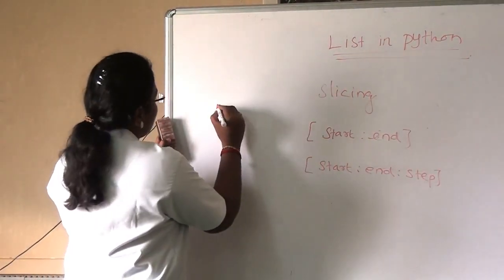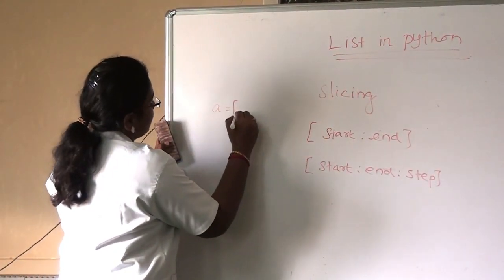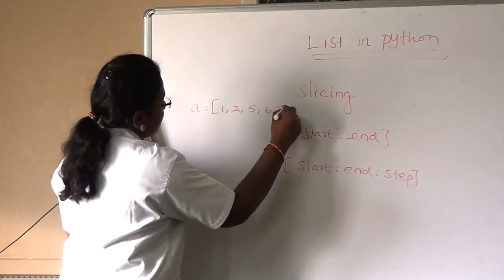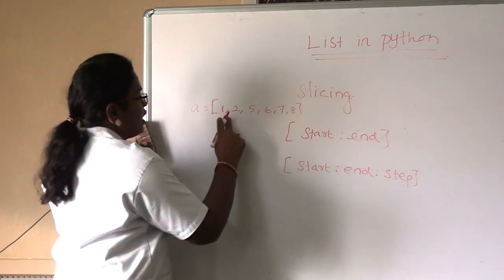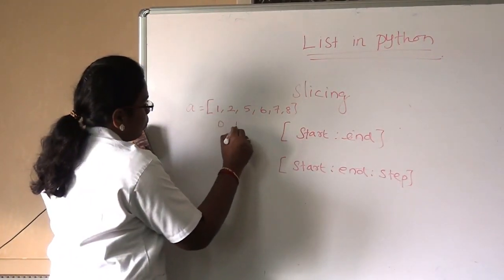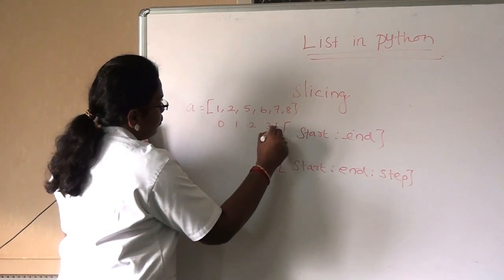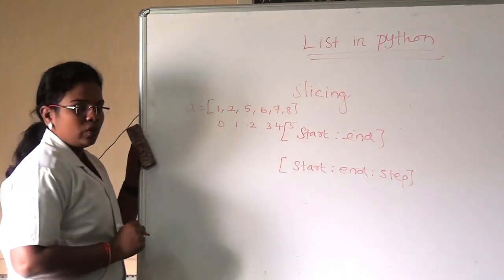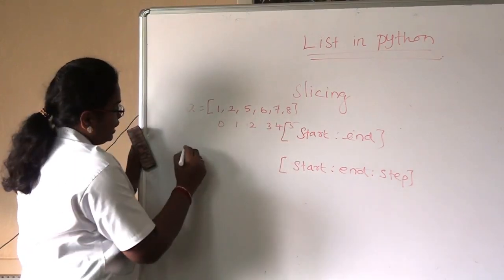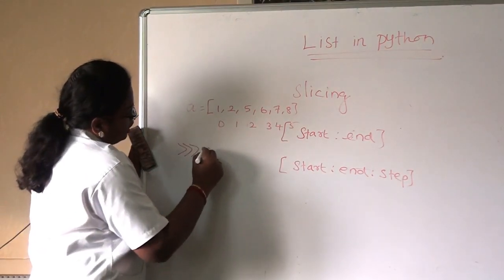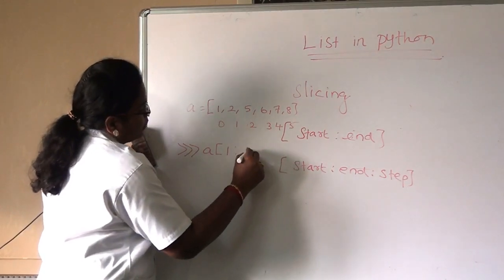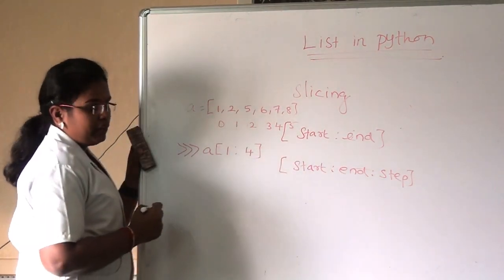For example, I have the list A: 1, 2, 5, 6, 7 and 8. I have 6 elements in my list. The index is 0, 1, 2, 3, 4 and 5. If I want to take the middle 4 elements, I can give A of 1 colon 5.